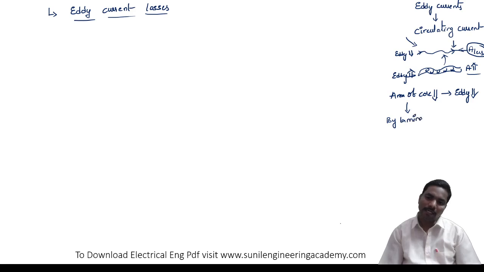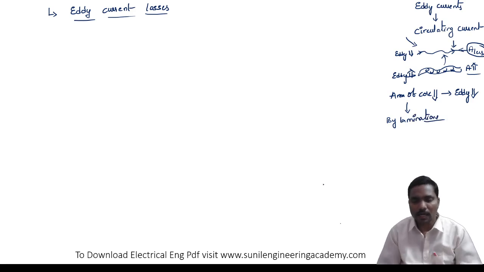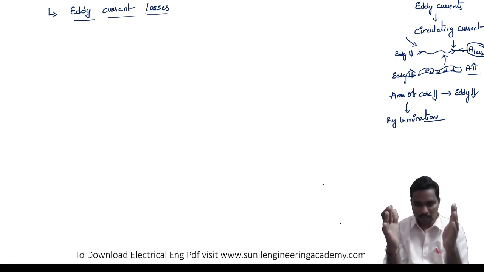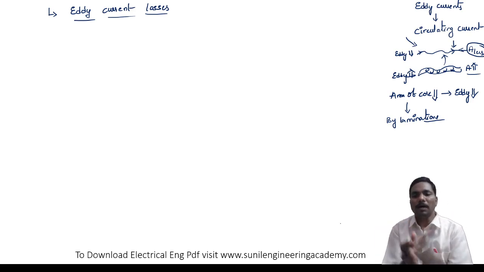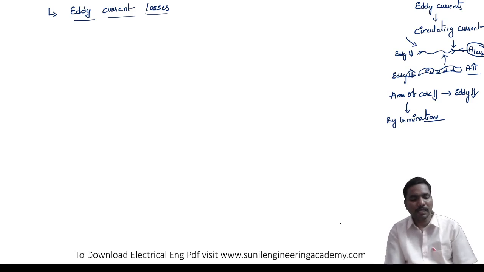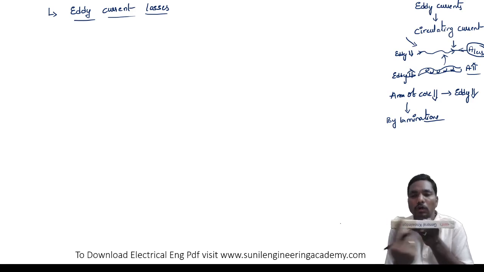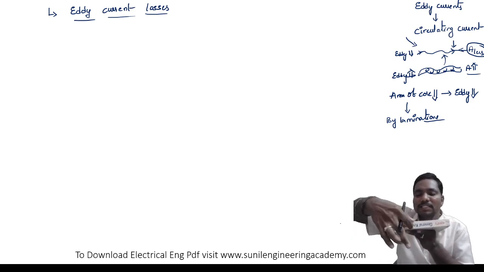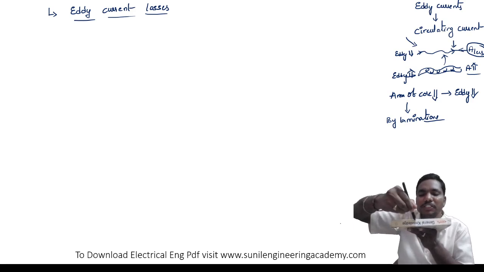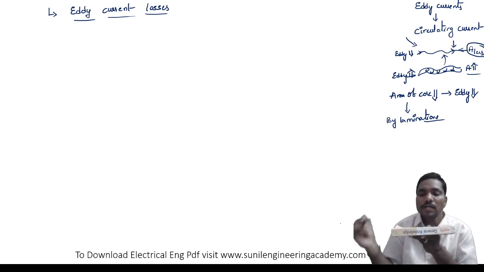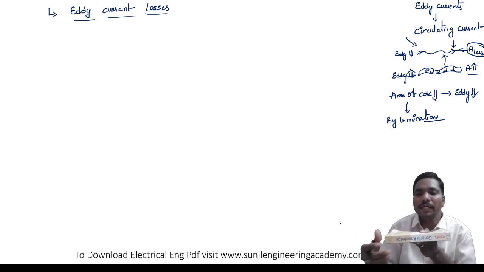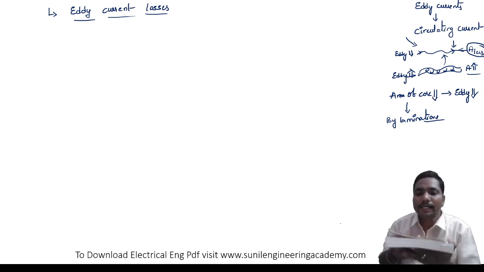Laminations in the sense we cut the large cross-section area of the core into small parts, like a book. For example, consider it is one full core. If you have this much area, then there are circulating currents within itself. To avoid that, we laminate like this.